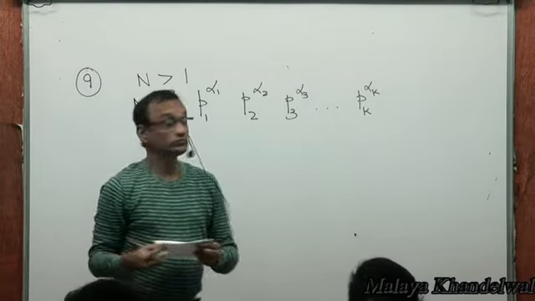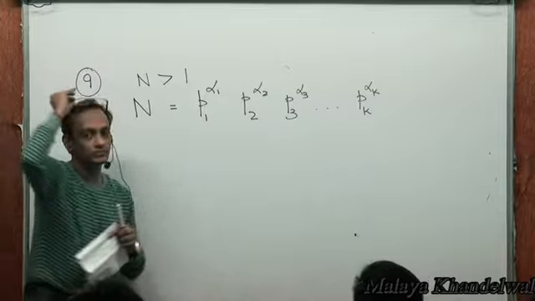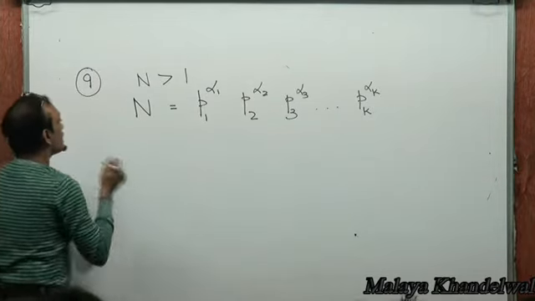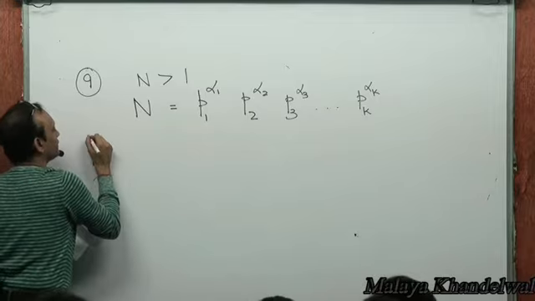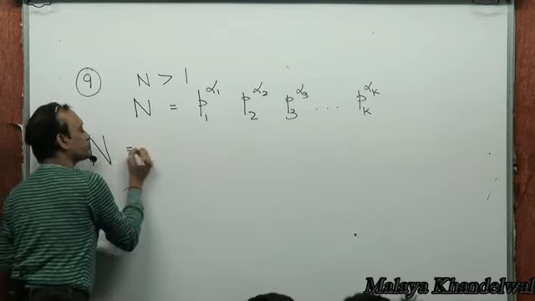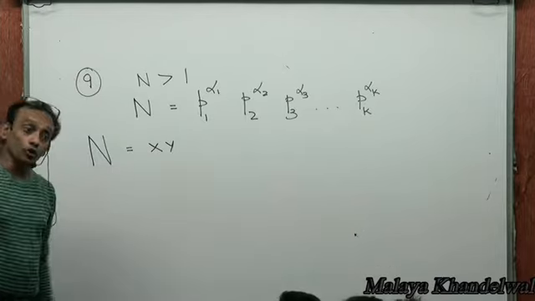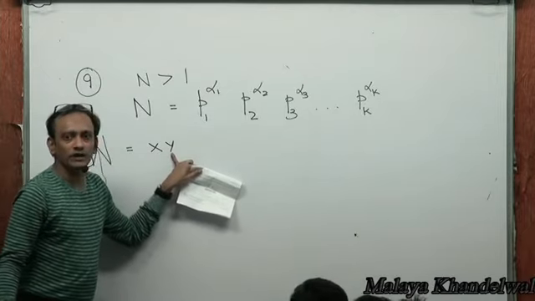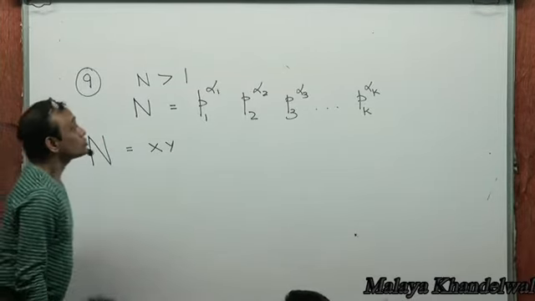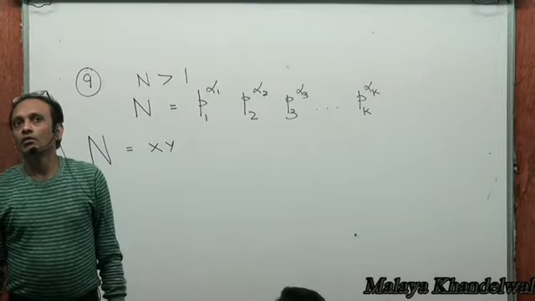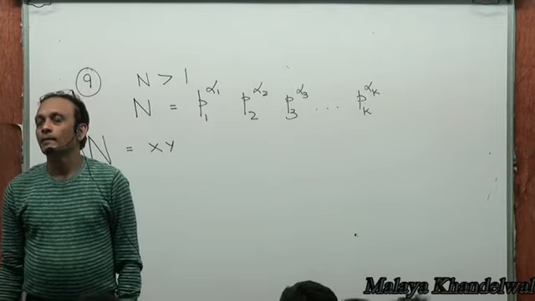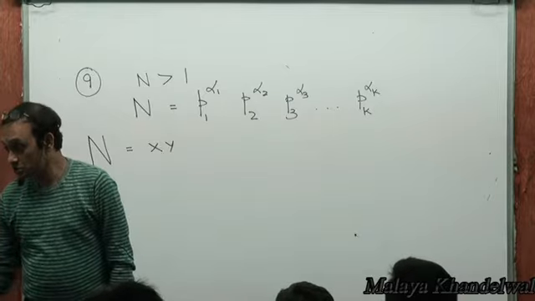Now, what I want to do is break n as a product of two natural numbers x and y, such that x and y are relatively prime, isn't it?